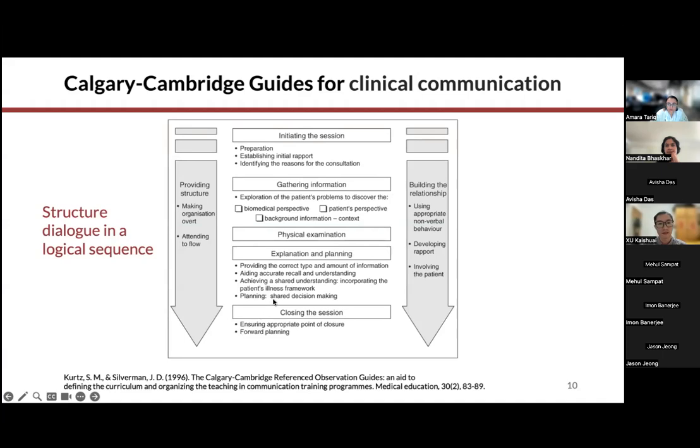Several steps follow: physical examination, explanation and planning, and finally closing the session. So medical dialogue actually follows a quite structured sequence, and this sequence cannot be reflected by the available systems.